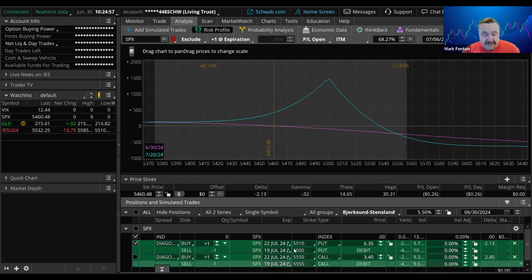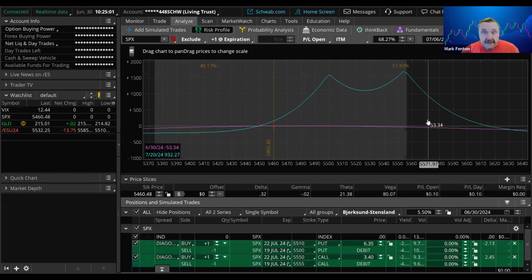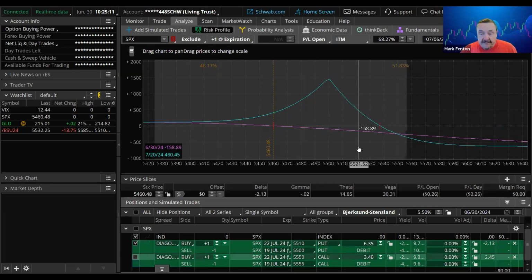You have to use the same two expirations. And then you add a call diagonal. Now this diagonal looks a little cheap here, but it wouldn't be that cheap because at that point it would have more value if we were all the way up at 55.30. So the idea is to just visually look at this. We're at 55.20. We're really taking some heat. We're about out of room. You don't want to be out here for sure.